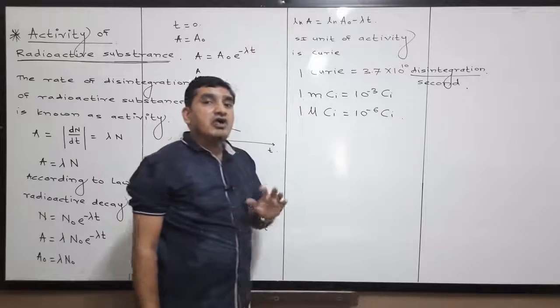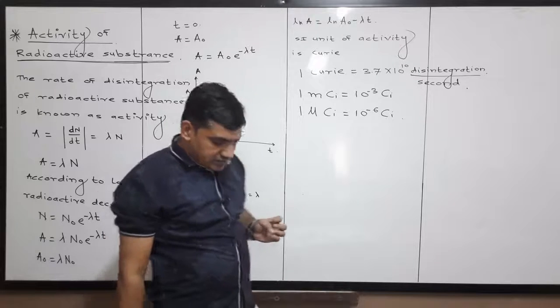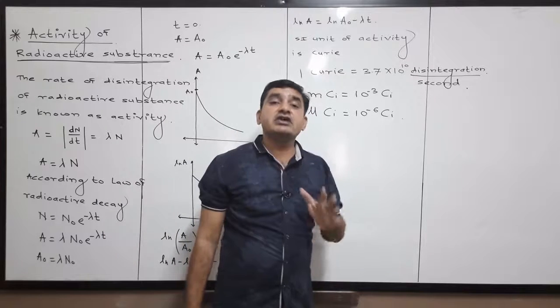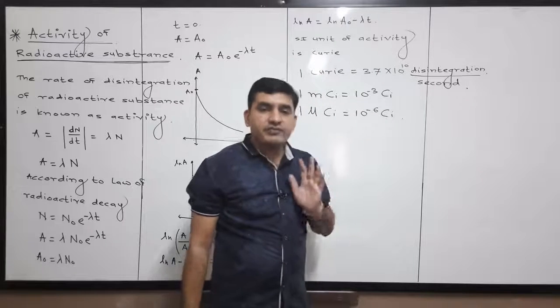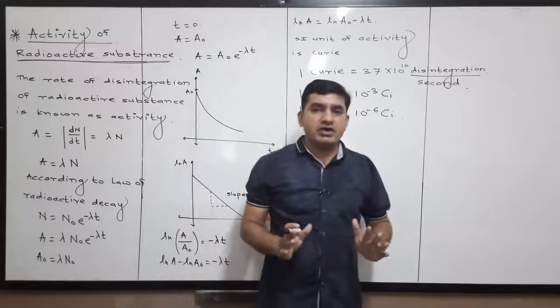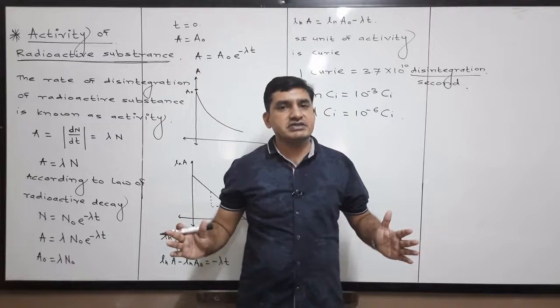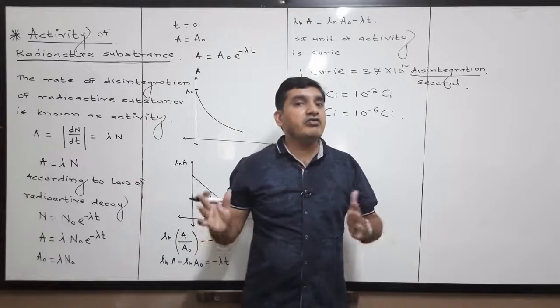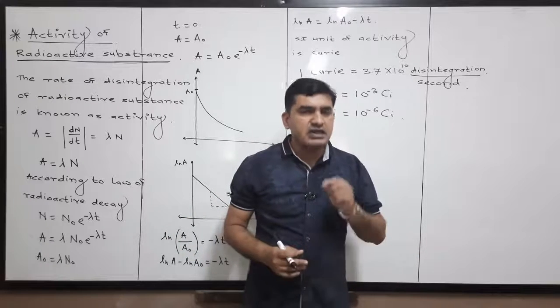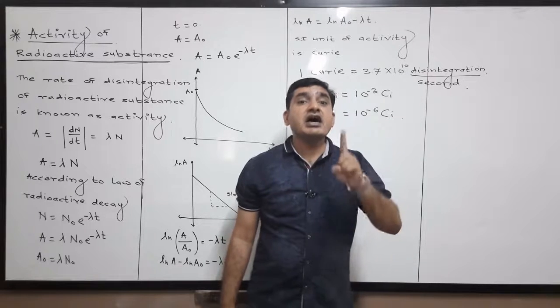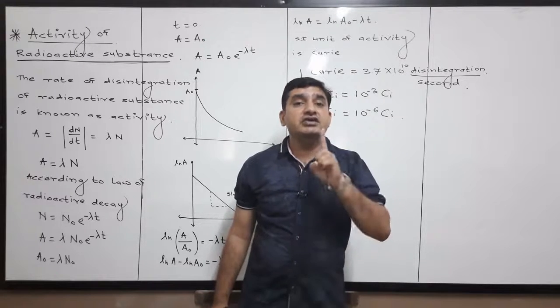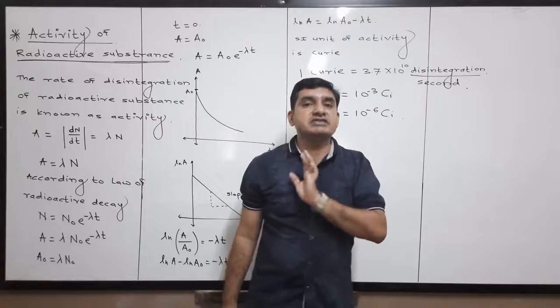Okay. The other unit of activity is the Rutherford. The activity of a radioactive substance is said to be 1 Rutherford if 10 raised to 6 atoms disintegrate in 1 second.